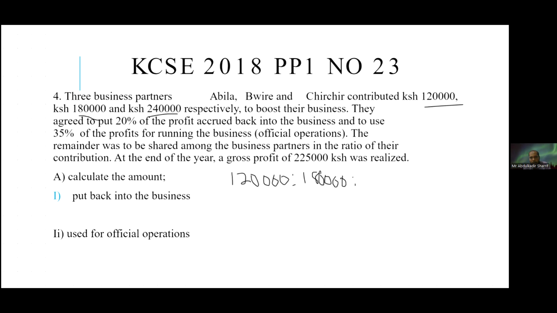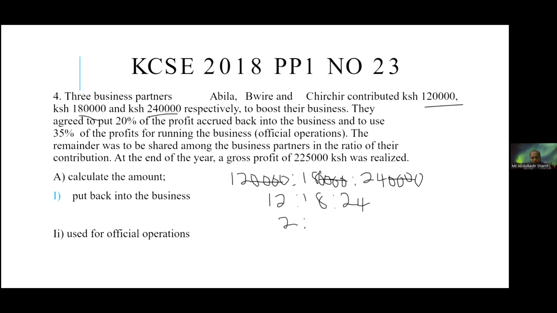So let's say if I remove all the zeros, the 4 zeros here, 4 zeros here, and the 4 zeros here, I remain with 12 is to 18 is to 24. So if I simplify further, by dividing by 6 all throughout, I'll get 2 is to 3 is to 4. So ni rahisi.